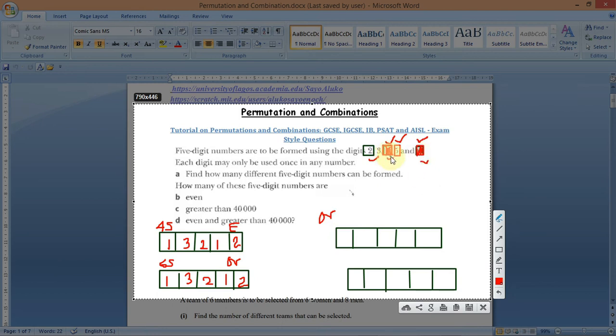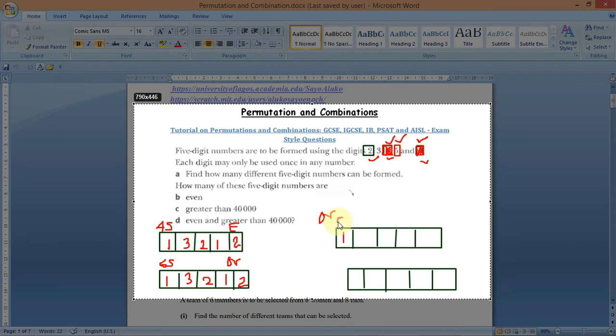Now what about when 5 starts? What about the end now? How do we end it? If 5 starts, no problem, because 4 can start or 6 can start, then the last number that can start is 5 for it to be greater than 40,000. So if 5 starts, you fix 5, that is 1.